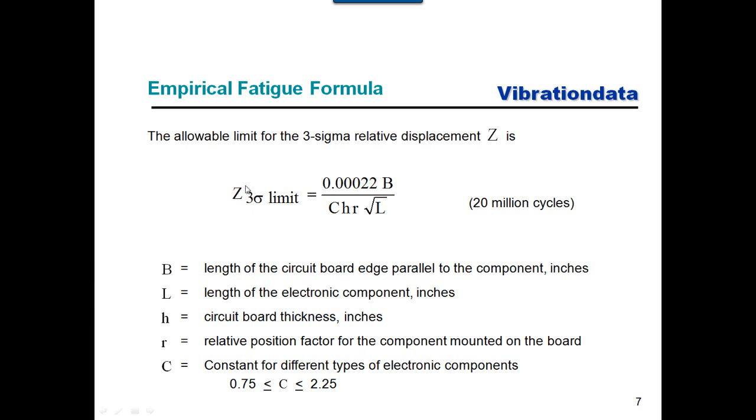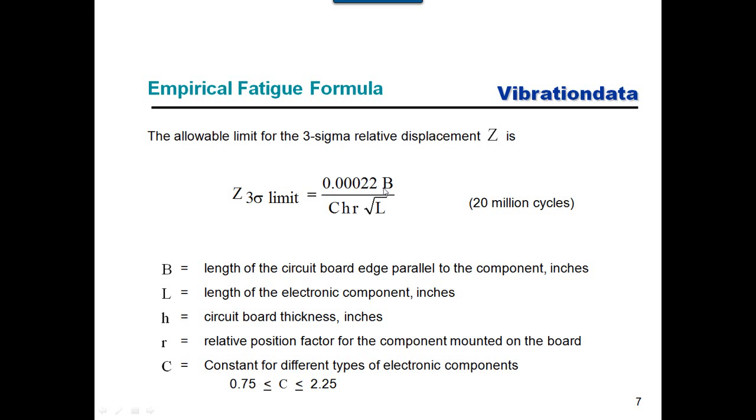So again, Z is the 3 sigma relative displacement at the center of the circuit board, and that is equal to, and in the numerator we have 0.00022. That's definitely an empirical constant. And by the way, this is all going to be based on inches for the various length parameters.